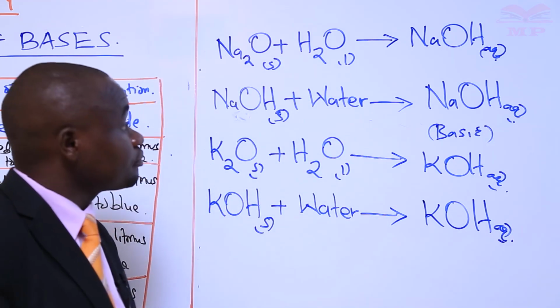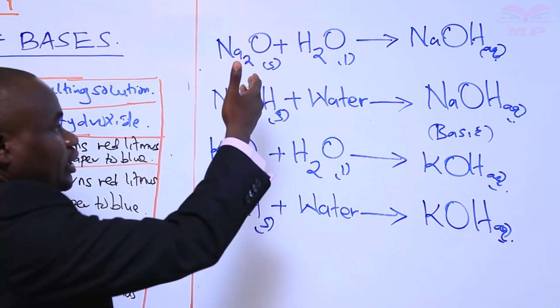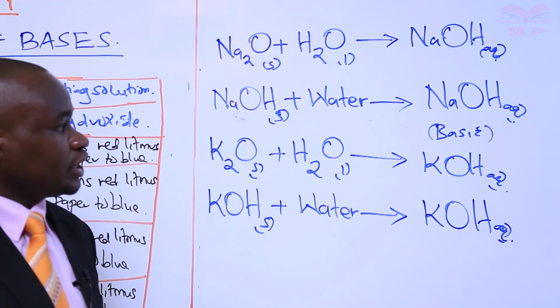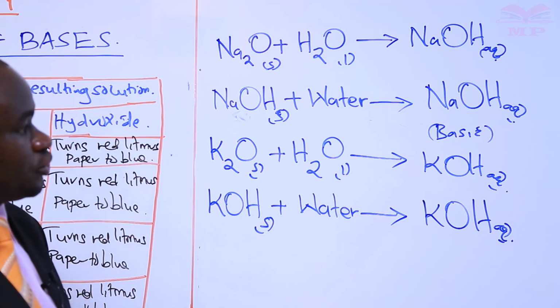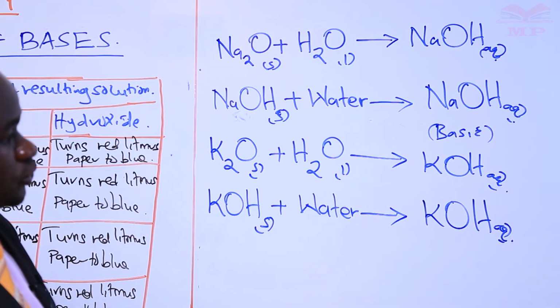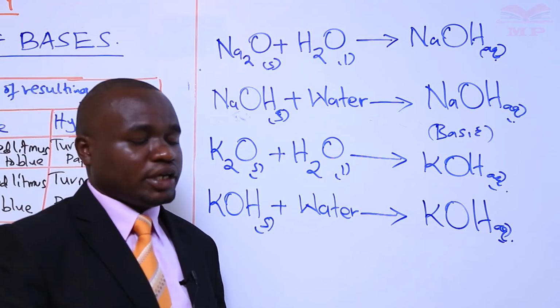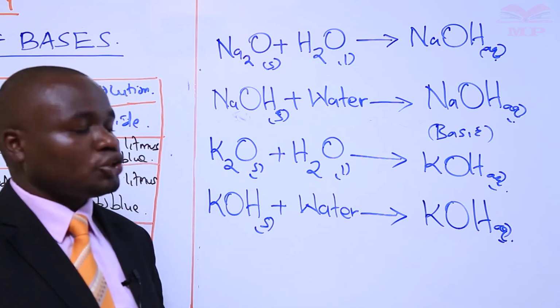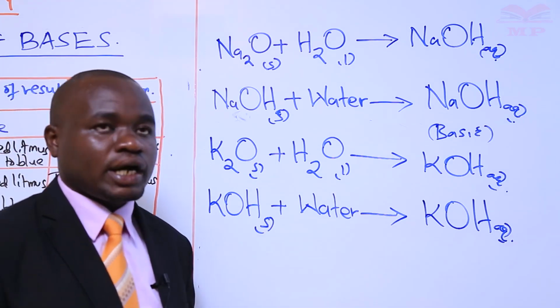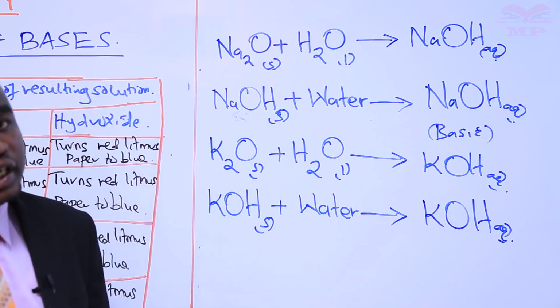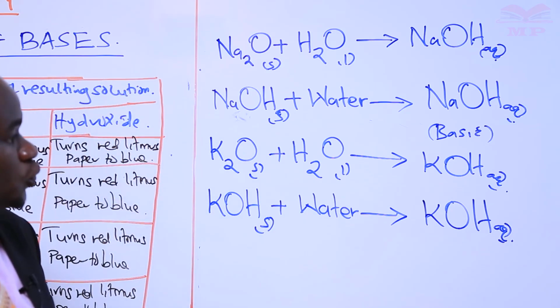So we are saying that the oxides as well as hydroxides dissolve in water to produce basic solutions, and those basic solutions are the ones that give this solution basic properties. As a result, the solution will turn red litmus paper to blue.